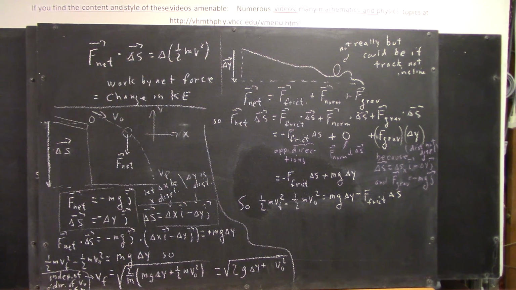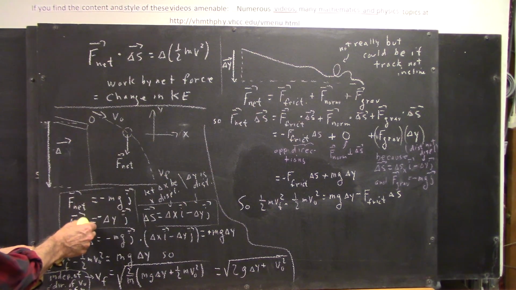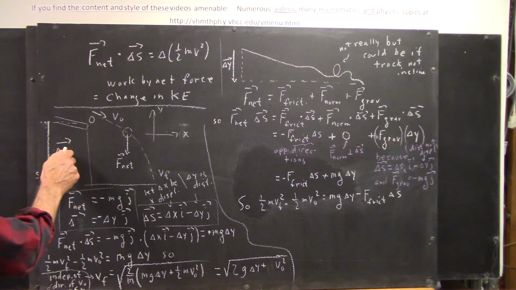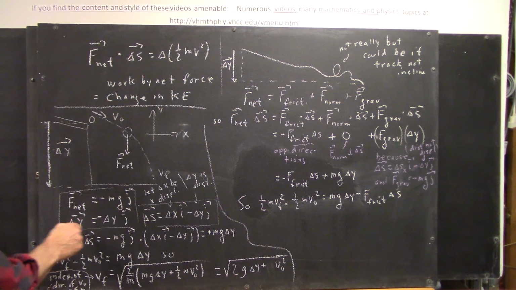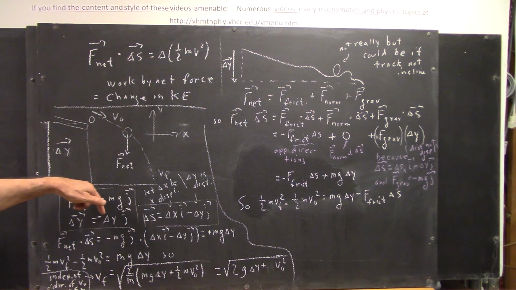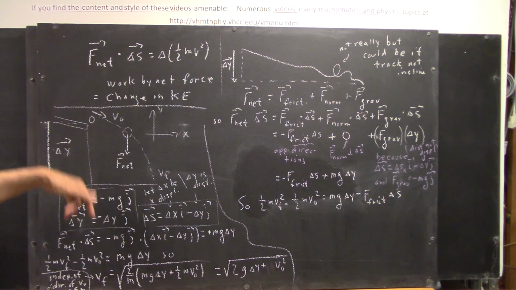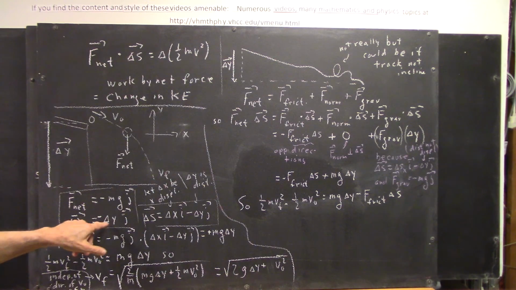Our displacement vector I called delta S, and I shouldn't have, because I used delta S over here for the vector. And our displacement does have an x component, so that was rather ignorant of me. Okay, so I'm still going to call this delta y. Scalar delta y is how far we fall, and if we fall, we're going in the negative j direction, so we have a displacement of negative delta y j.